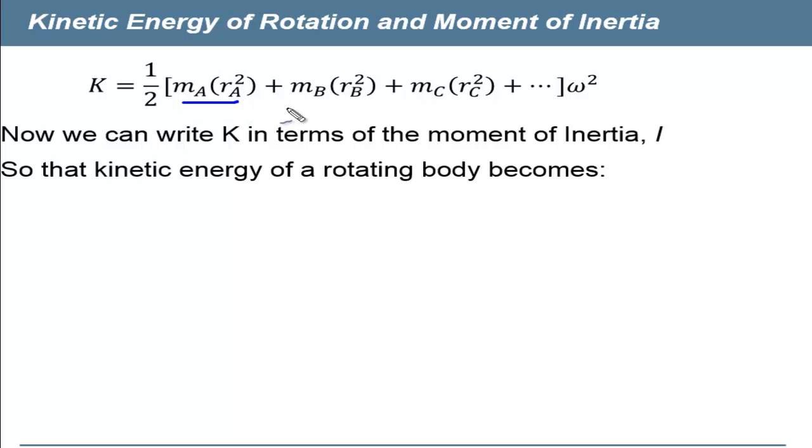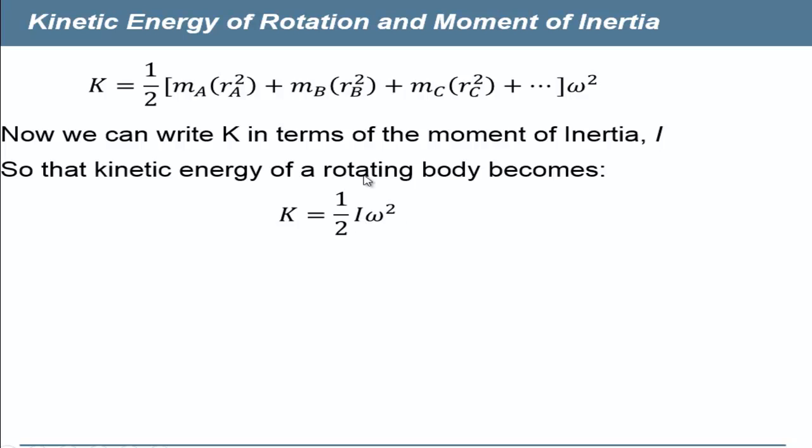We can find what this moment of inertia is, the mass times the distance squared of all of these. But of course we won't cover that in this class, but we have some tables that will give us that. But anyways, we can define the kinetic energy in terms of the moment of inertia by replacing all this in the brackets with I, so that we get the kinetic energy of a rotating body is equal to 1/2 I omega squared.